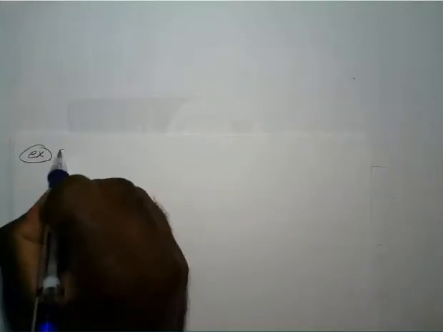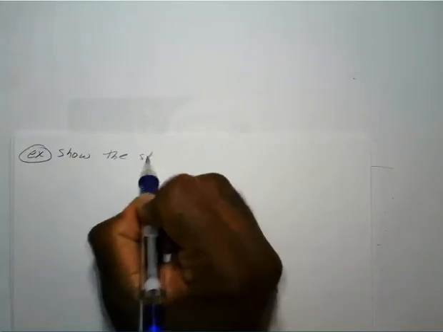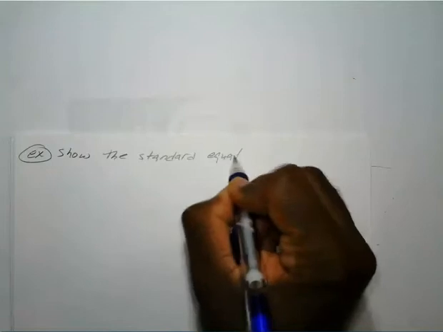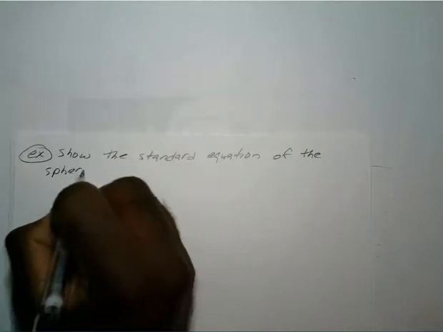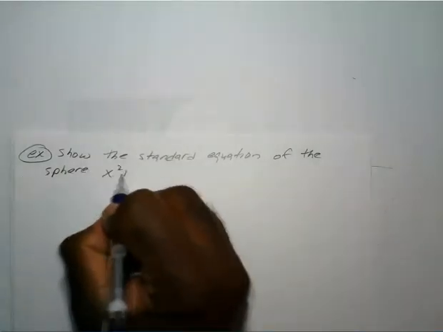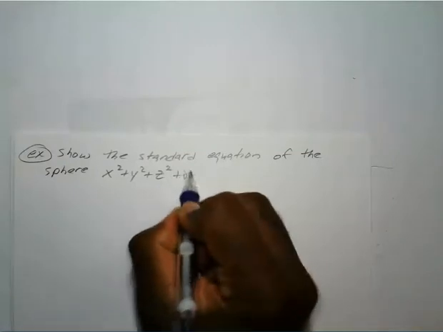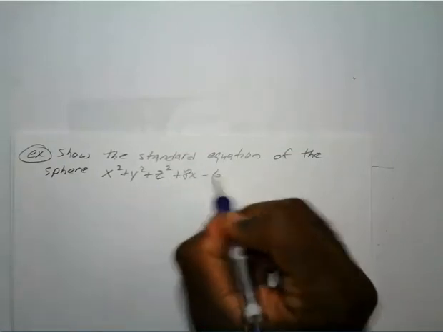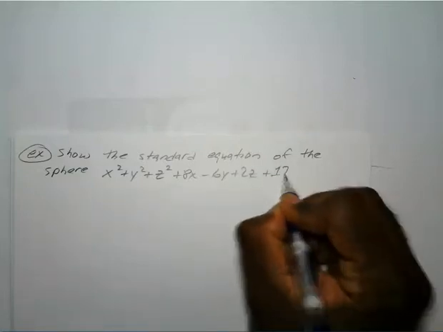Alright, so what if we wanted to show the standard equation of the sphere x squared plus y squared plus z squared plus 8x minus 6y plus 2z plus 17 equals 0.